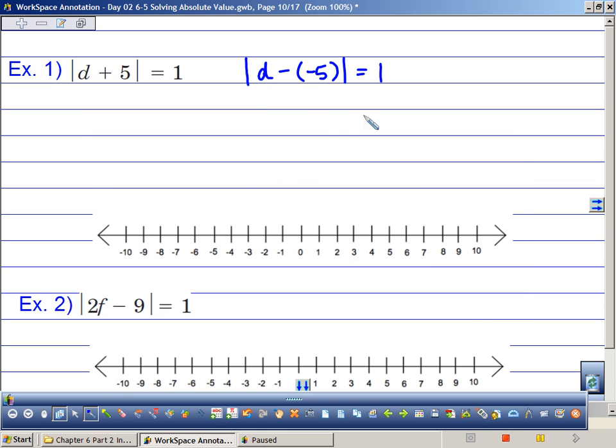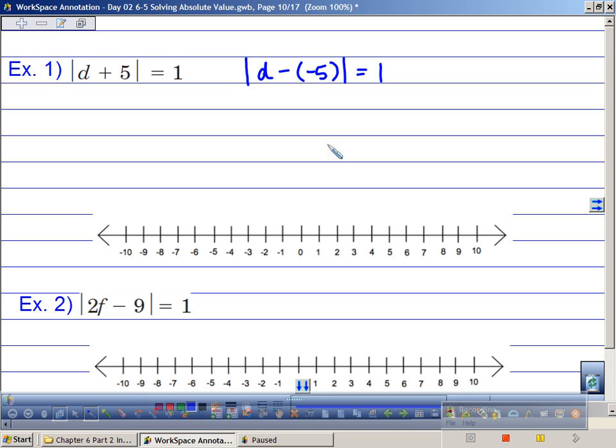Giving myself some room. All right, so let's do this algebraically first. Old school. All right, so let me put an arrow this way and this way. So I'm trying to find the distance between -5 and D in the negative direction, and the distance between D and -5 in the positive direction.